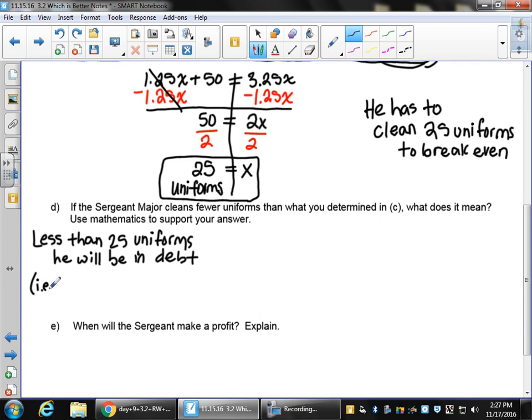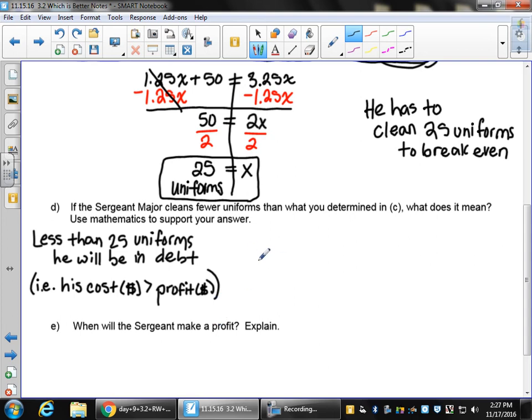Which, in other words, means his cost is more than his profit. So he's making money, but he hasn't actually made enough to cover his initial cost. Let's see if we can prove that.